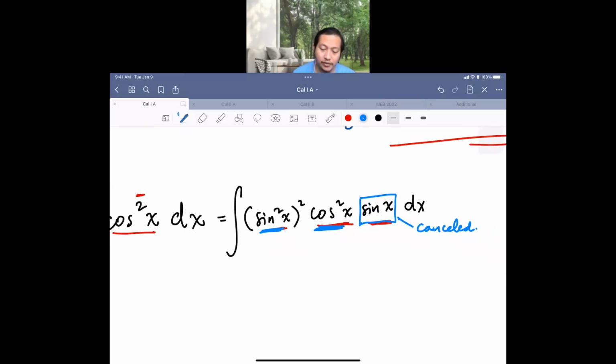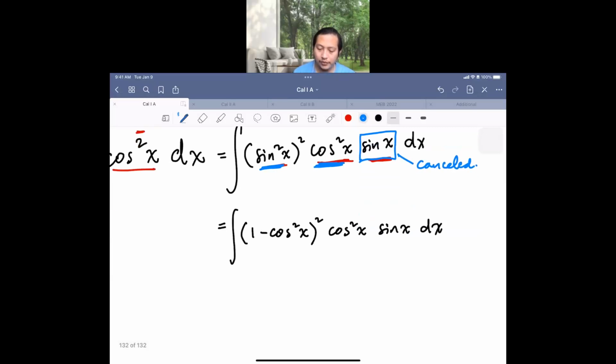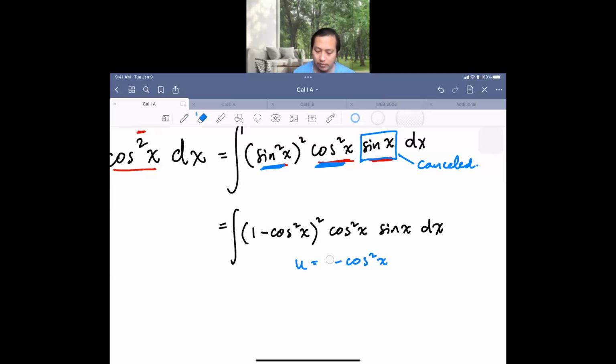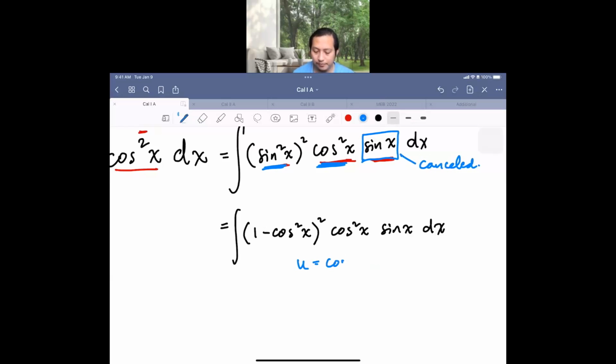If you see it already, then it's good for you. But let me write it to help you understand more what I want to say. So if we have this in terms of cosine squared and then squared, now if we focus on u equals cosine x, then the du will be minus sine x dx.